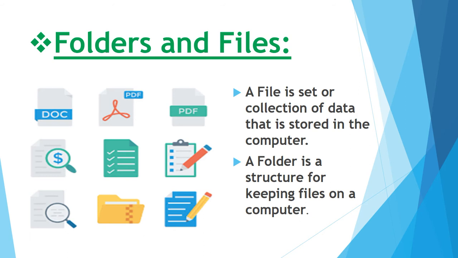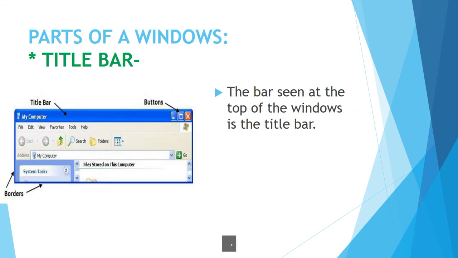Okay, parts of a window: title bar, frame, control menu and scroll bar. First is the title bar. The bar seen at the top of the window is the title bar.